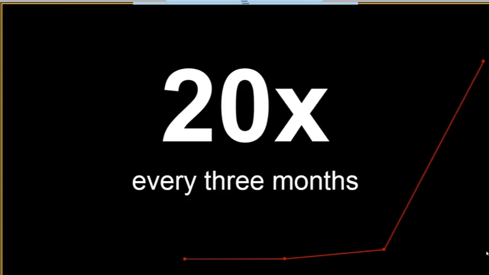After 6 months, there's not another 20 times, there's 400 times, because this rate of increase is exponential. So after 3 generations of breeding, or after 9 months, there's 8,000 times the number of locusts. So you can see that given good ecological conditions, locust numbers can rapidly get out of control.